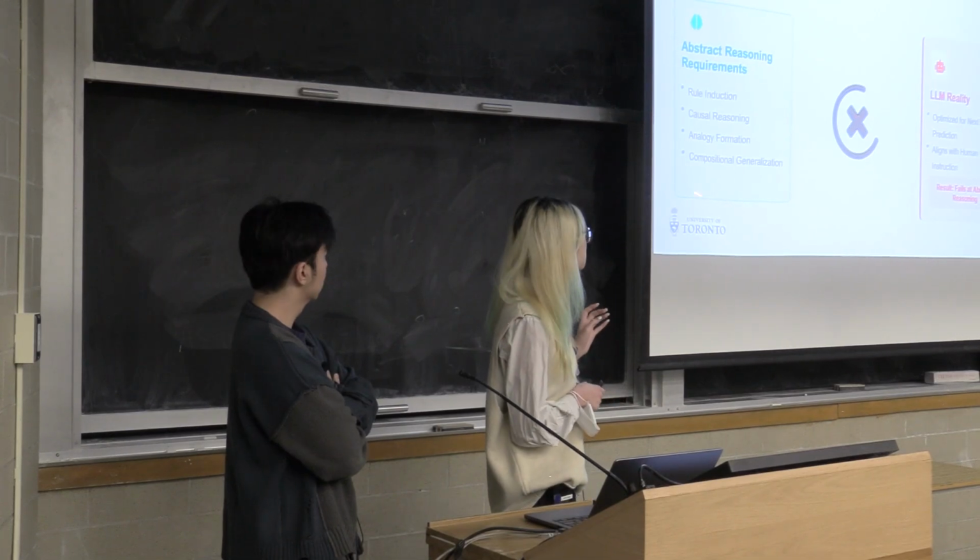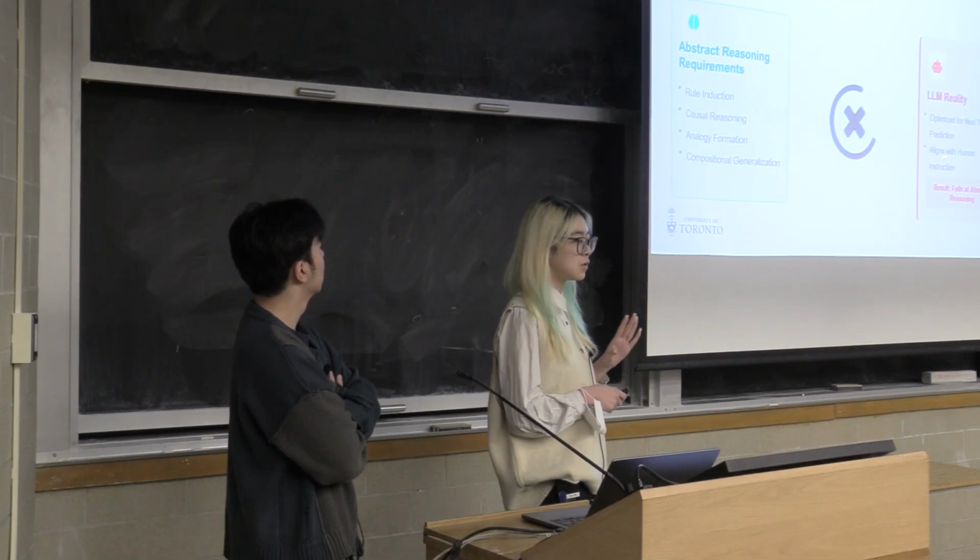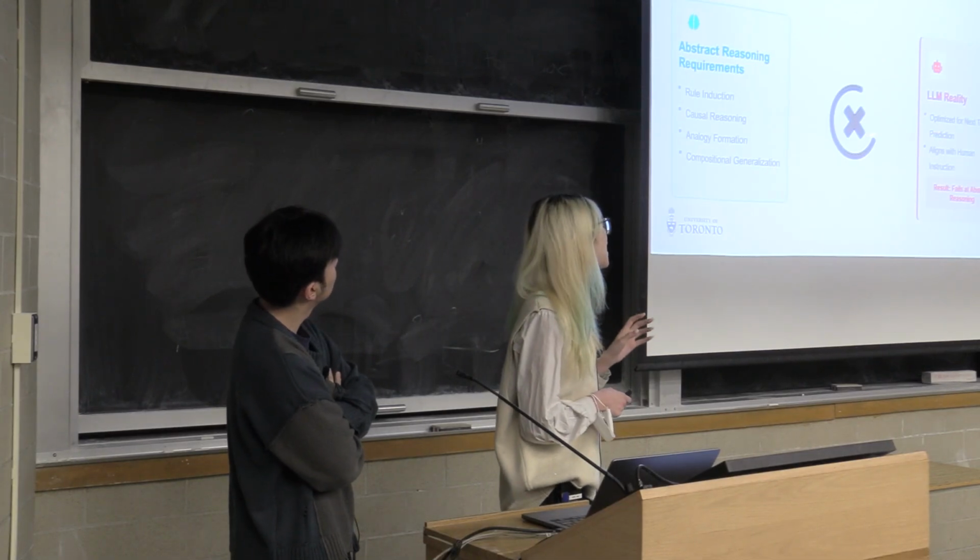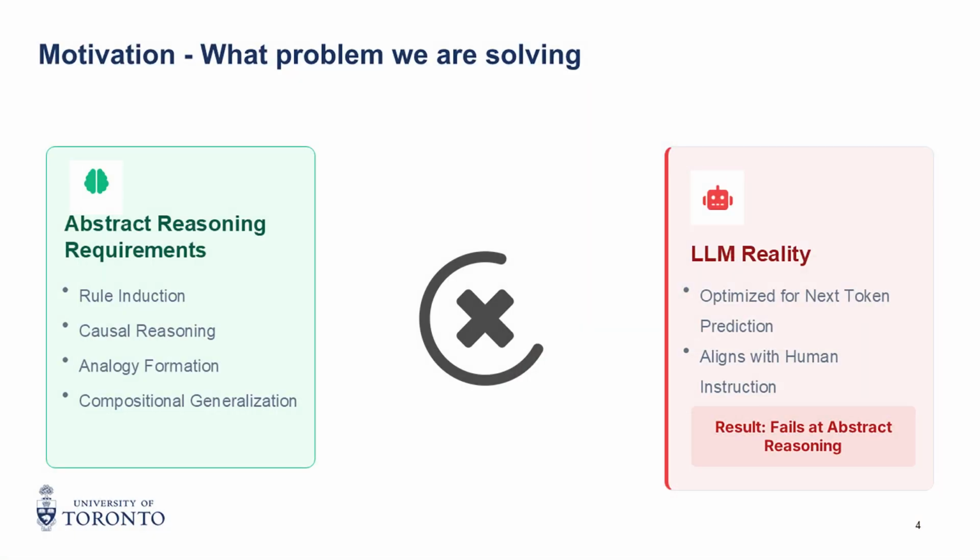Sometimes it also requires combining different rules together for just one task. However, right now the large language model is mostly optimized for next token prediction, and it aligns heavily with human instructions, not a prompt in a picture, visualized form. So it fails at abstract reasoning.